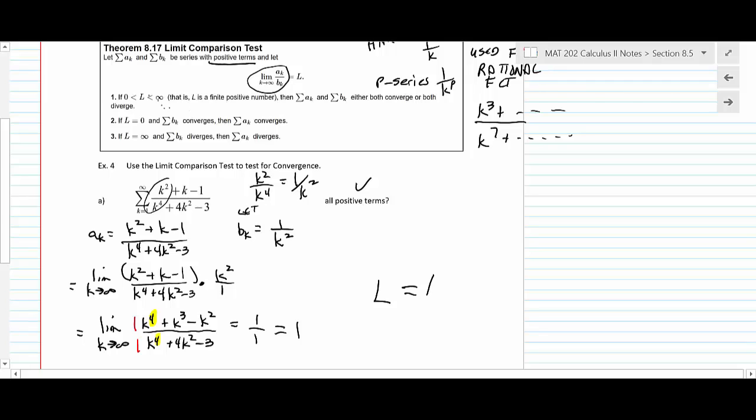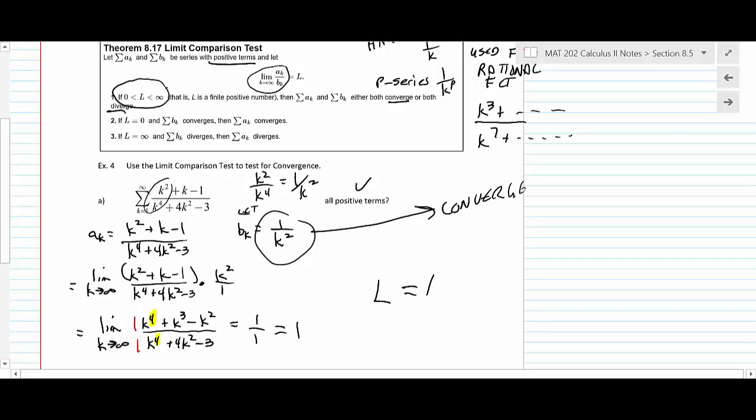So here's what happens. There are 3 situations. If you get a finite value, then it's going to say that the series you're comparing it to, they either both converge or both diverge. One thing we know is the p-series converges, right?